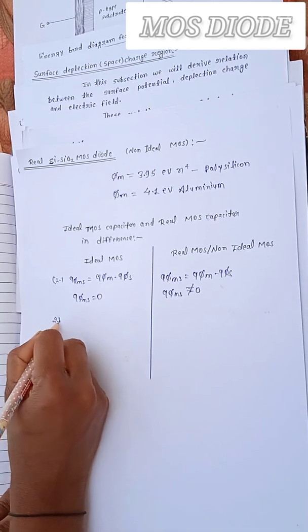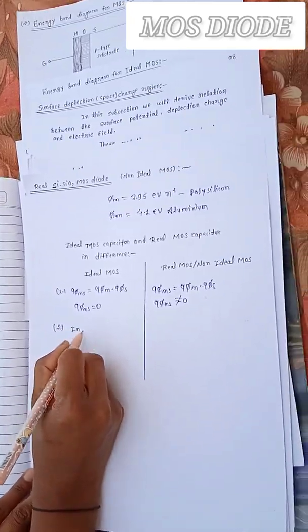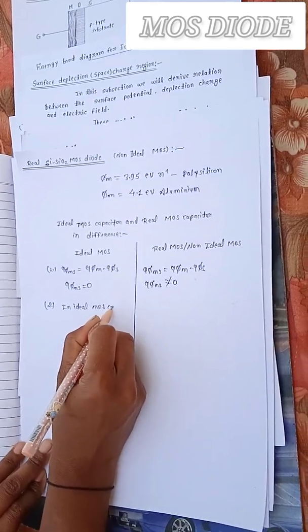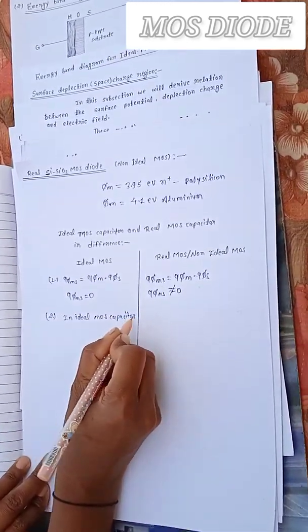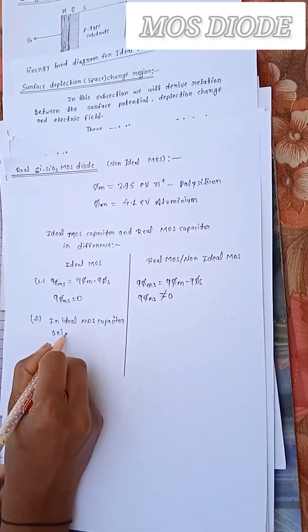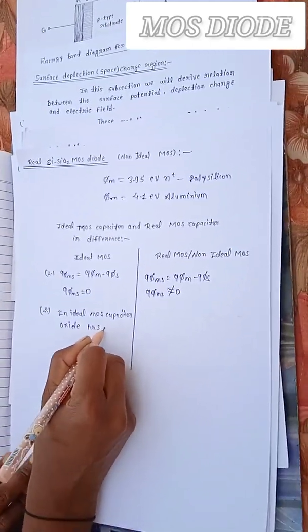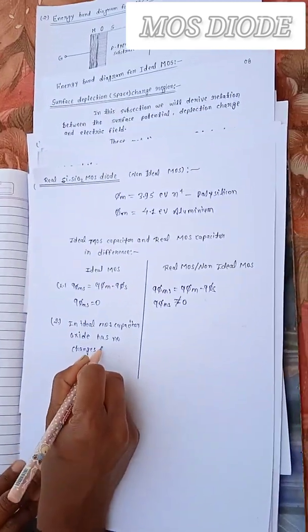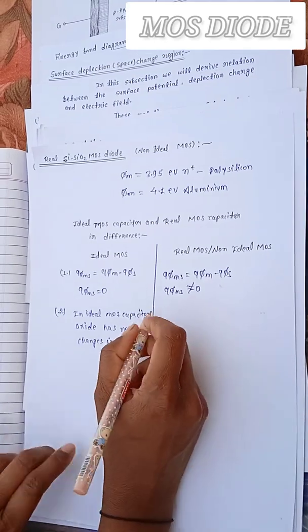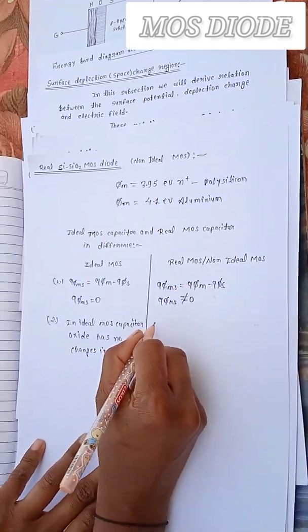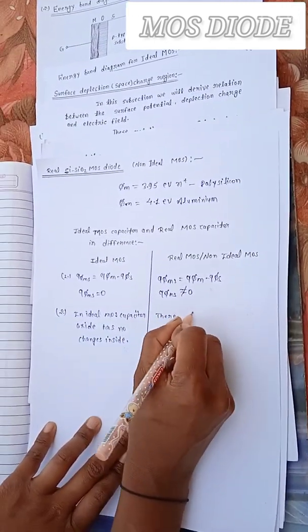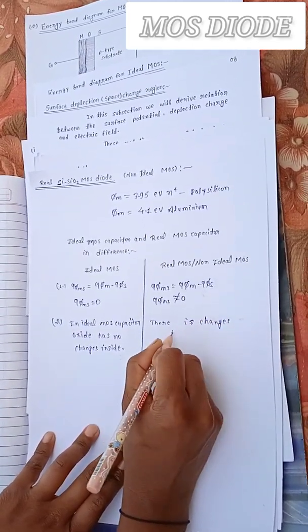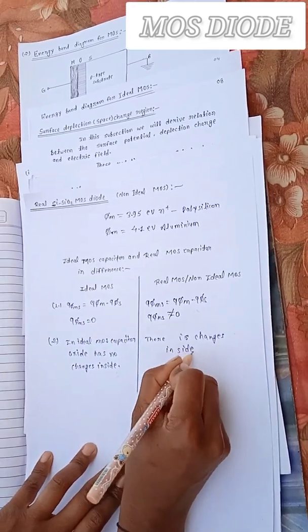And second, in an ideal MOS capacitor, the oxide has no charges inside, and in the real MOS, there are charges inside.